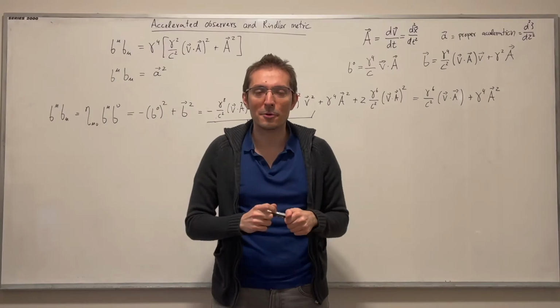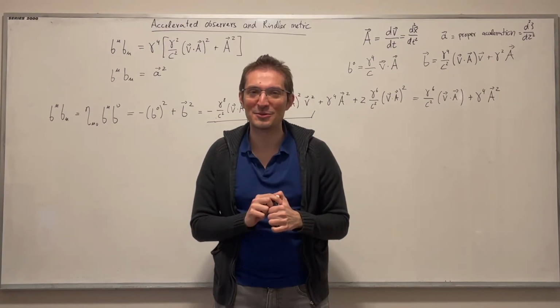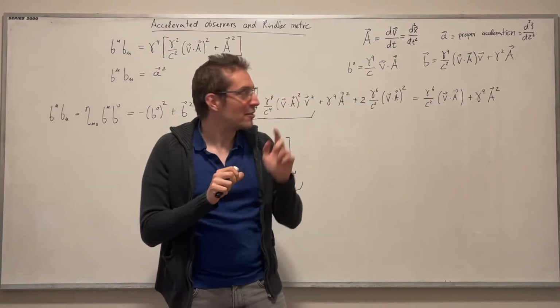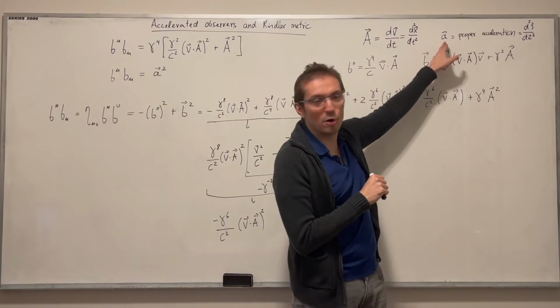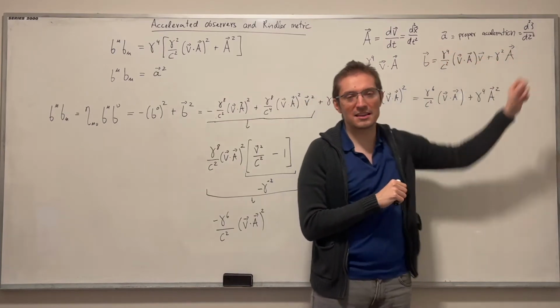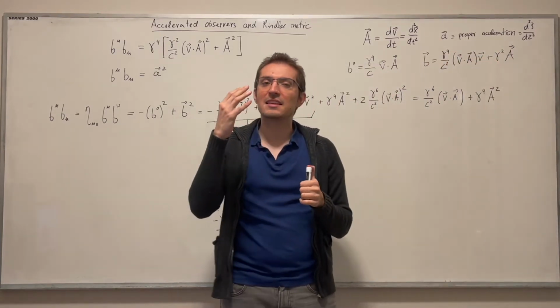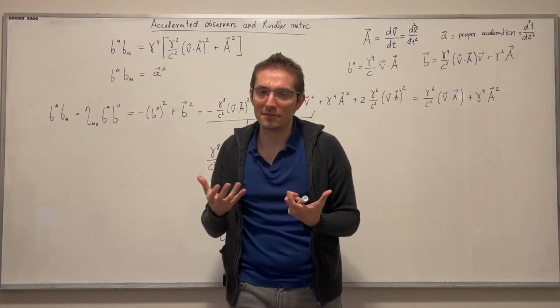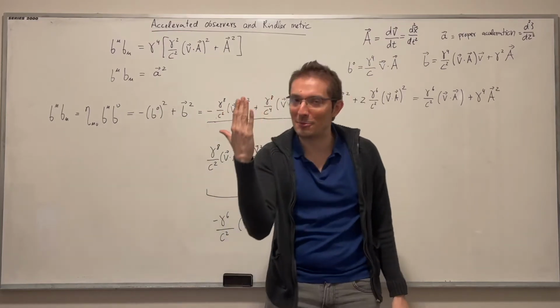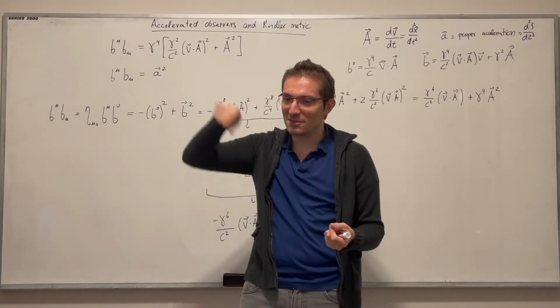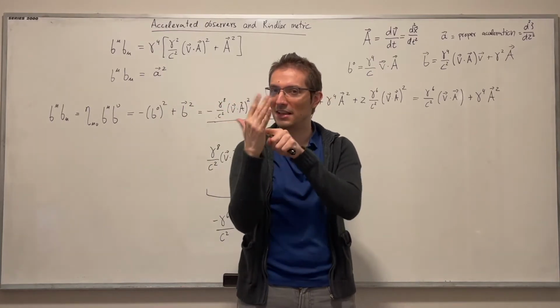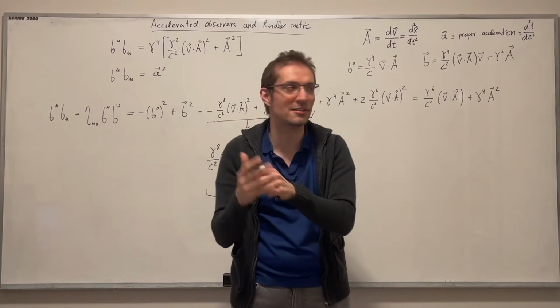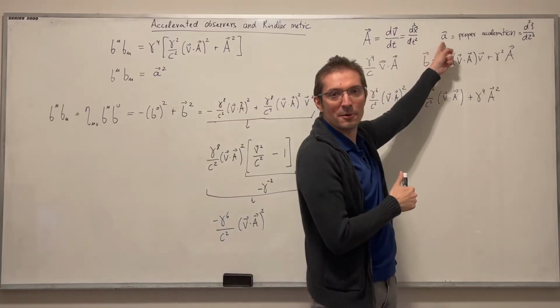All right, so before we continue, let me introduce a slight change of notation. From now on, I'm going to reserve the letter a small, not capitals, for the proper acceleration. That is, the acceleration of the particle as seen from the point of view of the particle itself. So the reading of the accelerometer that this particle carries, a particle that's moving and carries an accelerometer, the accelerometer registers an acceleration, and I call that small a, proper acceleration.